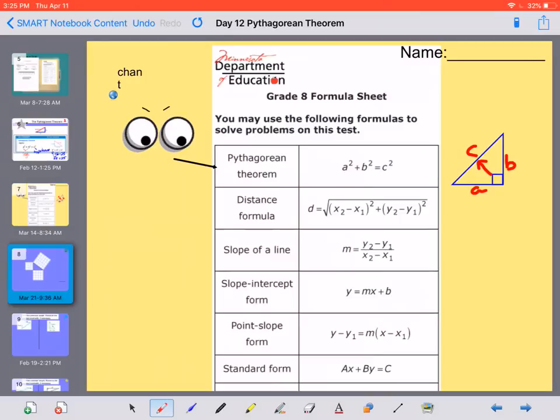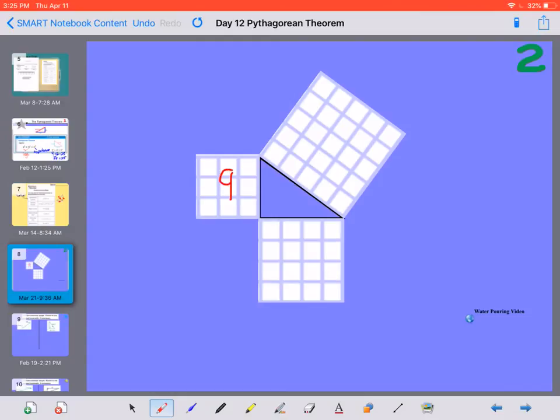In the small square, that has 9 different little squares in it. The bottom one has 16. So just like it was before, 9 plus 16, well this one has 25 in it. 9 plus 16 is going to equal 25.